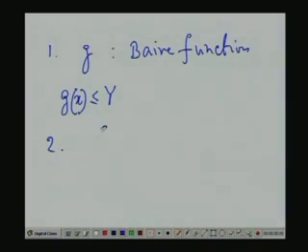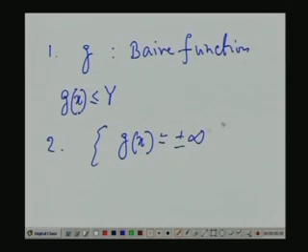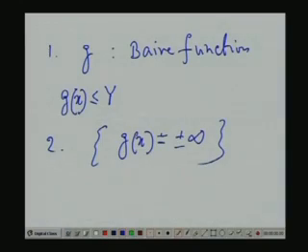The other thing is that these events should have 0 probability. Obviously, this was one of the conditions on a random variable: we should not have any outcome for which y assumes the value infinity.